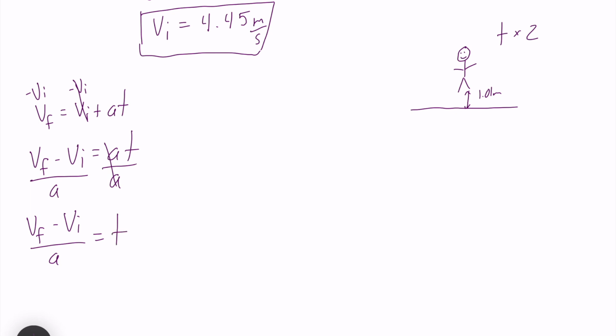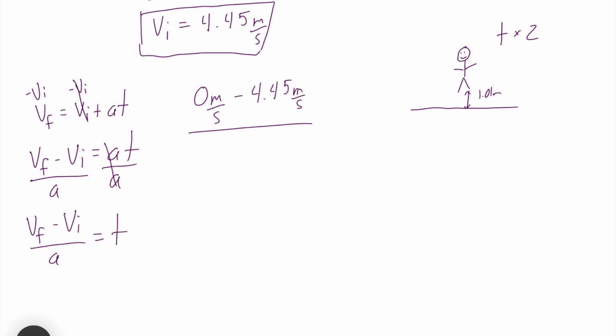So all we have to do now is input our numbers. So let's take a look here. We have VF is going to be 0 meters per second. Subtract VI, which is what we solved for. So 4.45 meters per second.